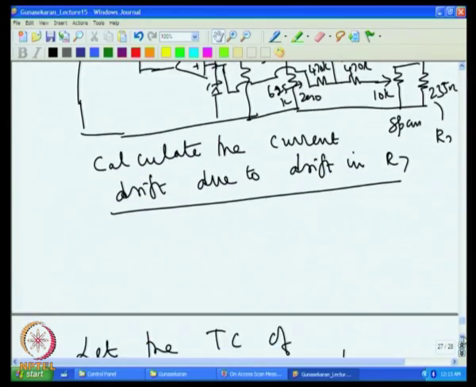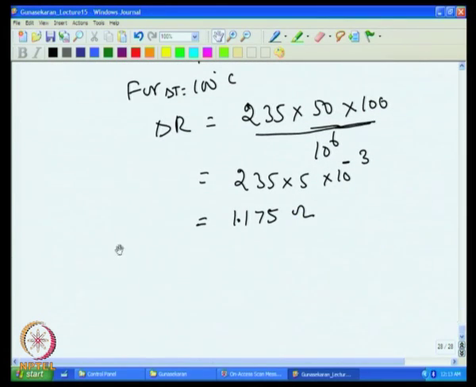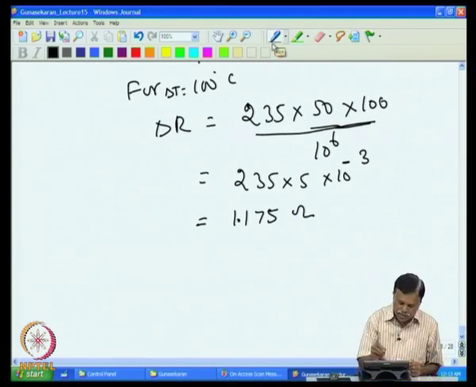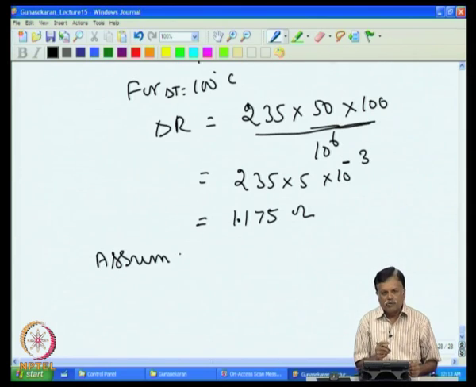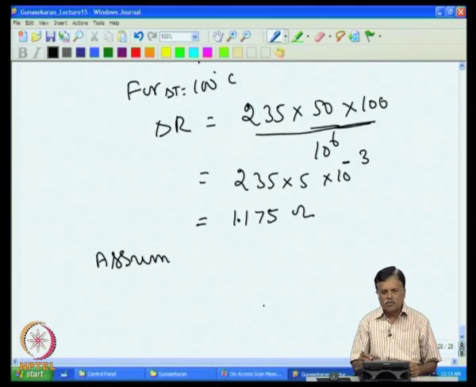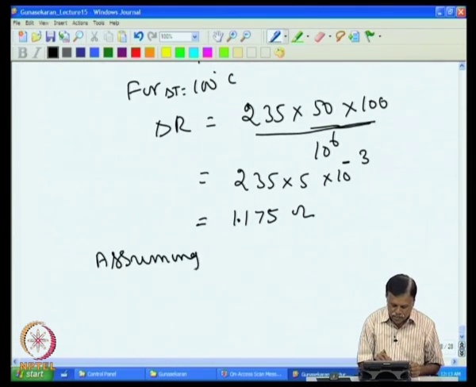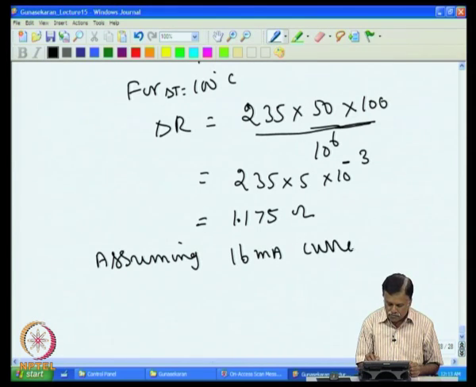So, what we do is assume 16 milliampere current is flowing, because normally you have 20 milliampere current, of which 4 milliampere comes from the other part of the circuit. Normally the current through this will be around 16 to 17 milliampere. So, we assume here it is 16 milliampere current in R7.